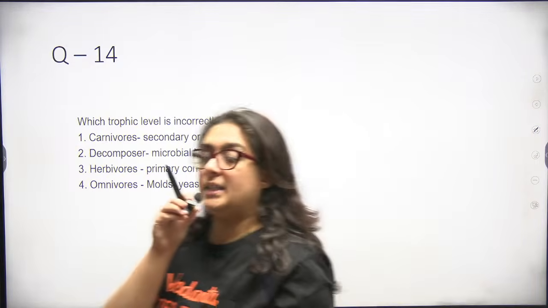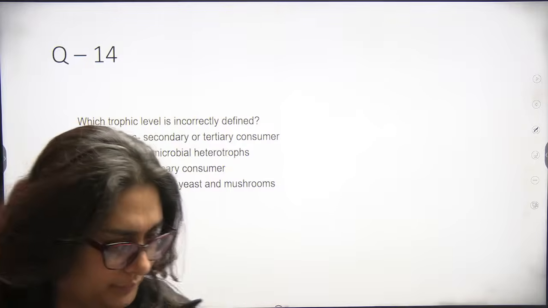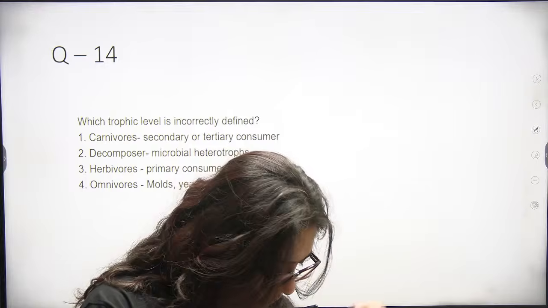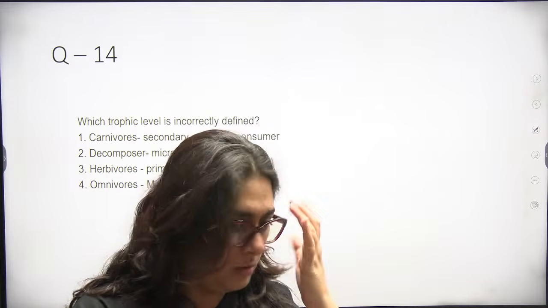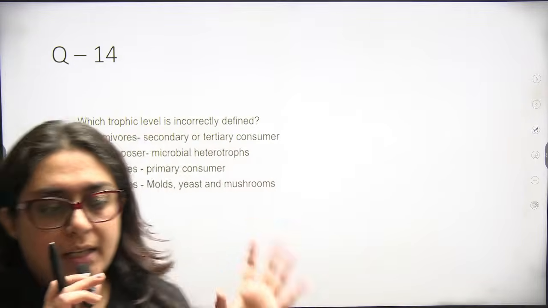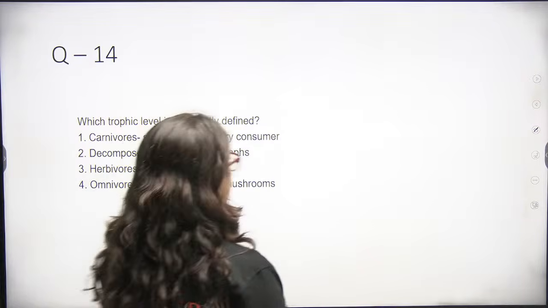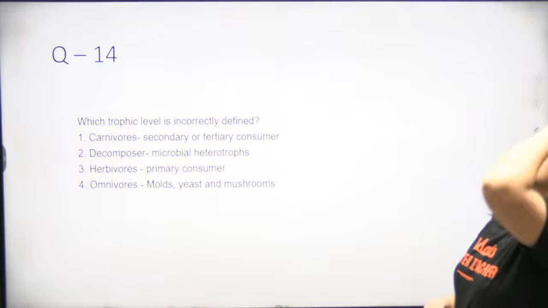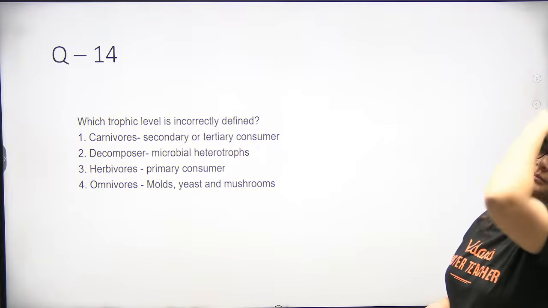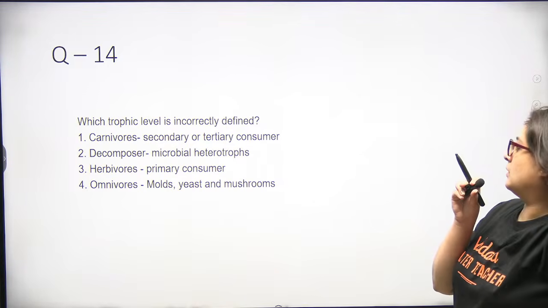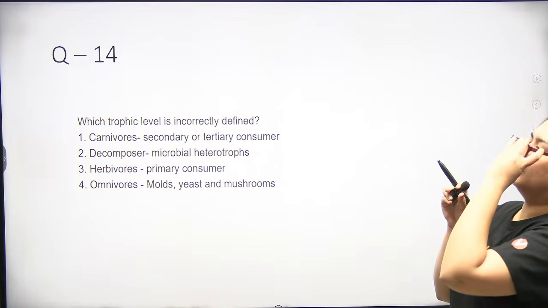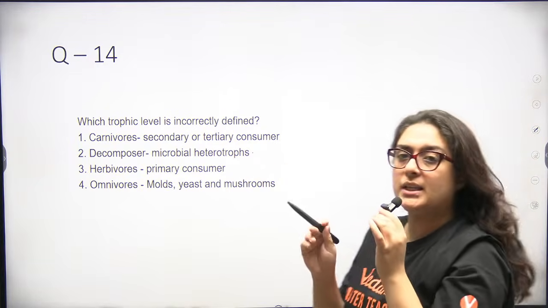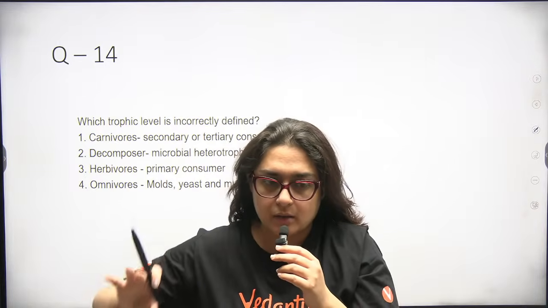Which trophic level is incorrectly defined? Decomposers are microbial heterotrophs, means they are microorganisms who are heterotrophs.